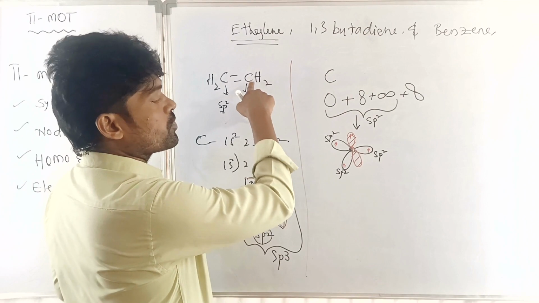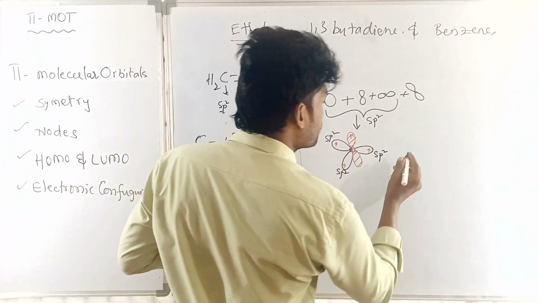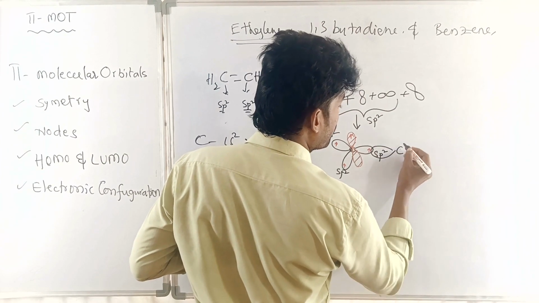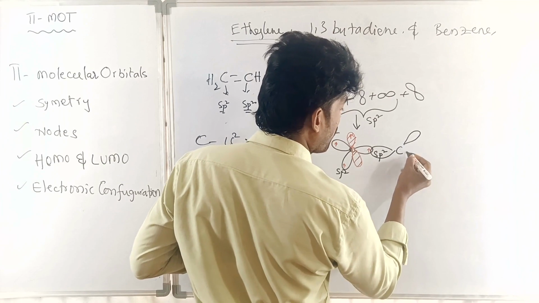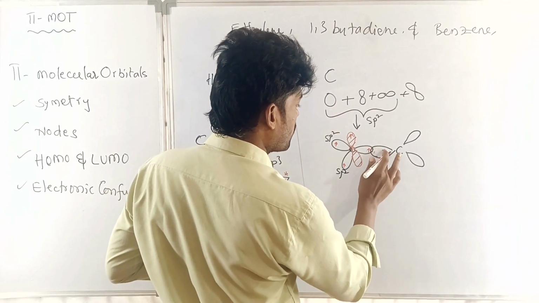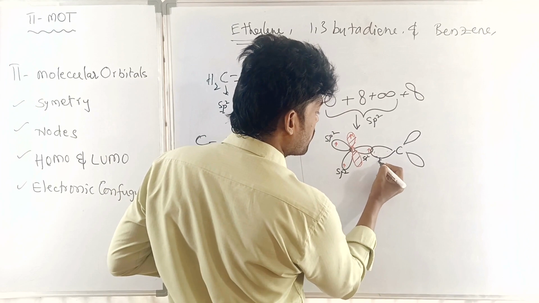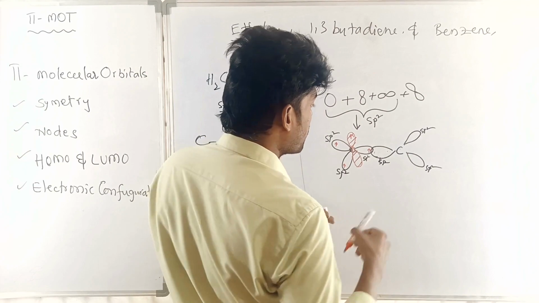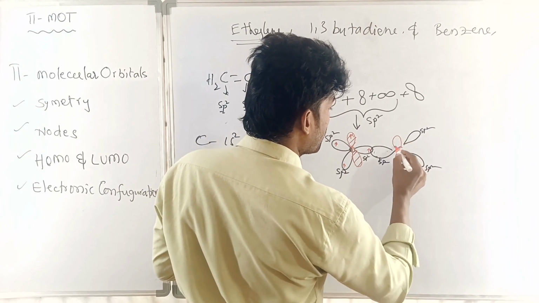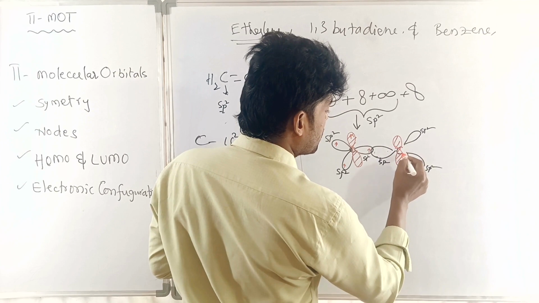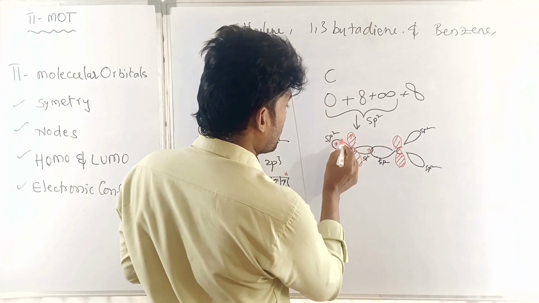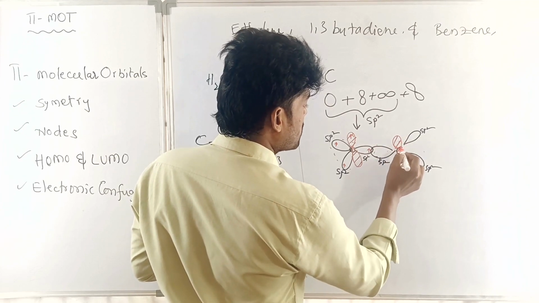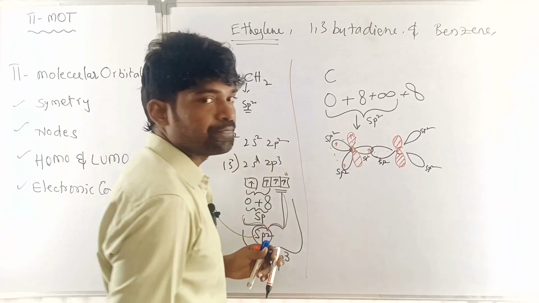Now another carbon atom is also the same. That is also sp2. Here sp2 orbital, sp2 orbital, and the orbital which is not participating in hybridization will be perpendicular to the triangular planar structure. This is triangular planar. So to this triangular planar structure, this p orbital will be perpendicular.